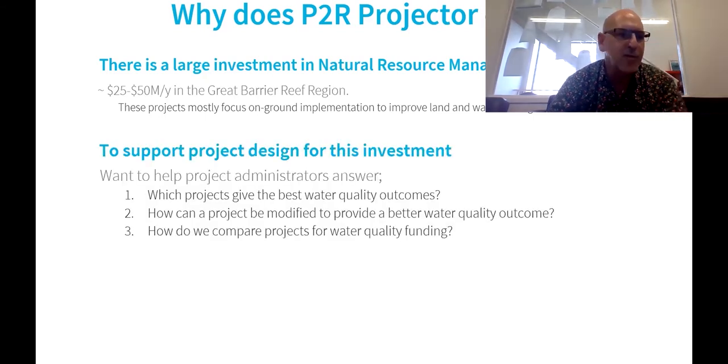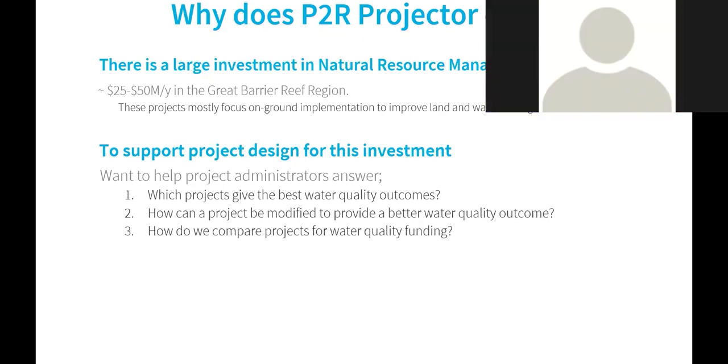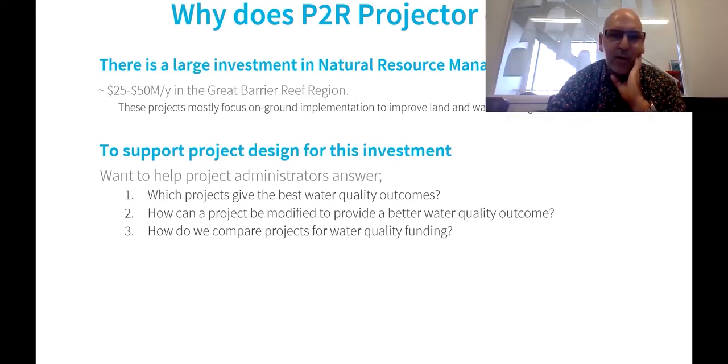So the point of P2R Projector is to support the design of projects for that investment. It's to help those project administrators answer questions about which projects give the best water quality outcomes, how might a project be modified to get better water quality outcomes, or even to trade off alternative projects.